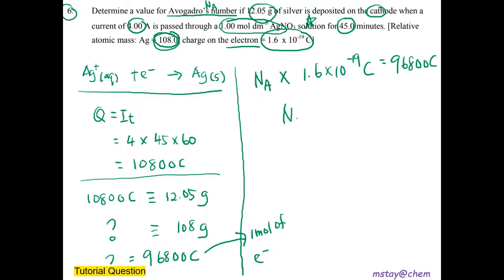So the Avogadro constant will equal 96800 divided by 1.6 × 10^-19, and the value is 6.05 × 10^23. So this is the Avogadro constant.